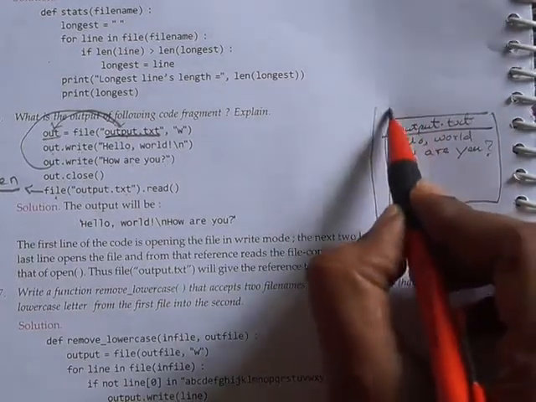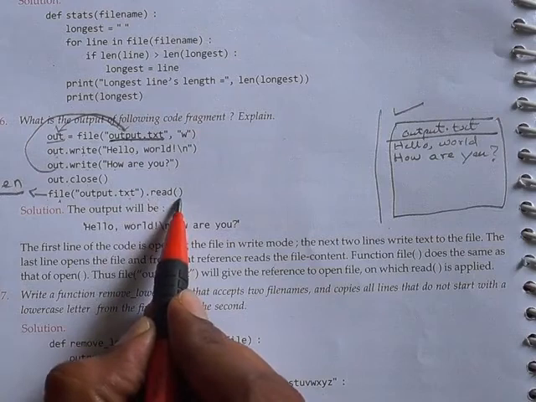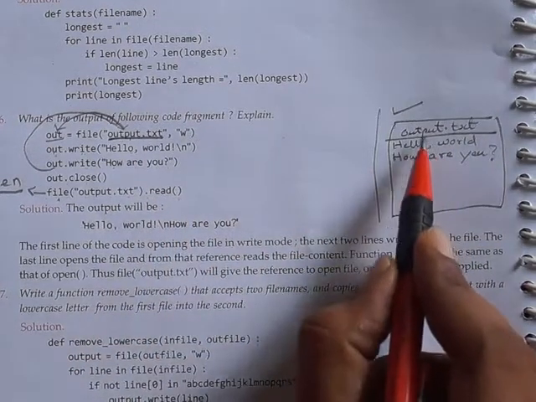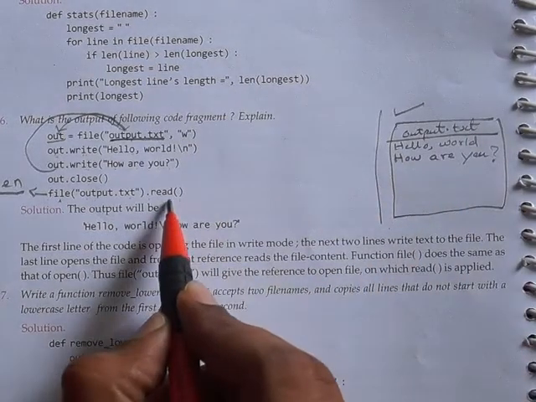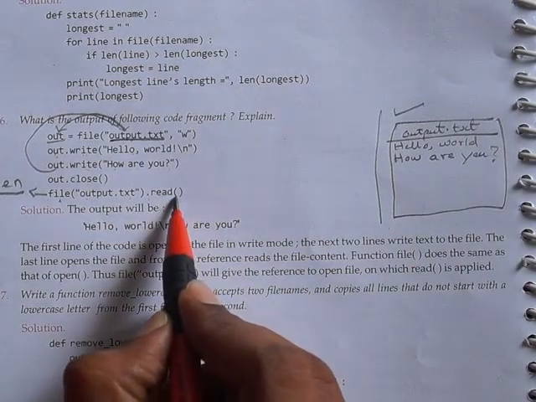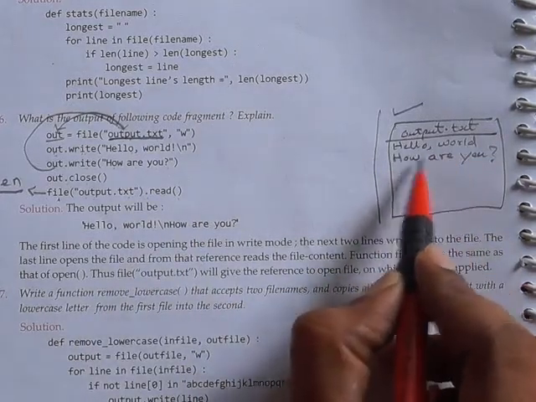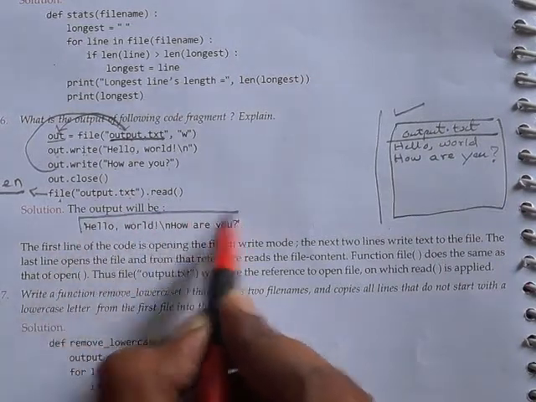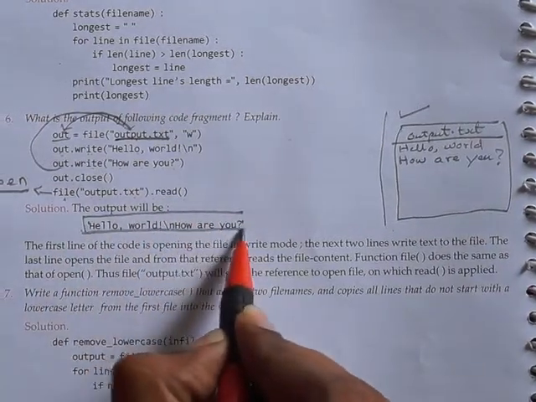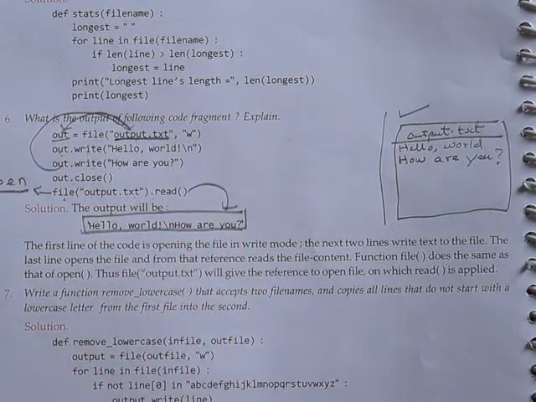And the read function means whatever is there in the output.txt will be fully read by this function. What will it read? It will fully read hello world, next line, how are you? Question mark. So these characters will be fully read by this function.